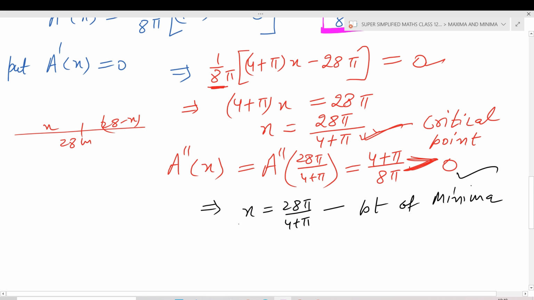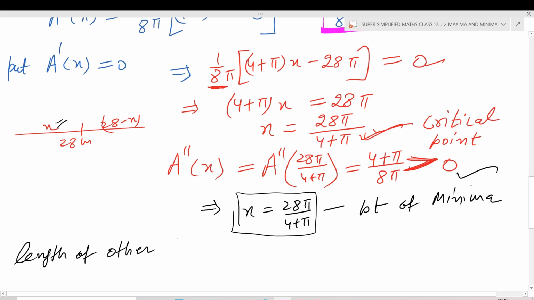Now I have to find the length of the other piece of the wire. So the length of the other piece of the wire is 28 minus x.